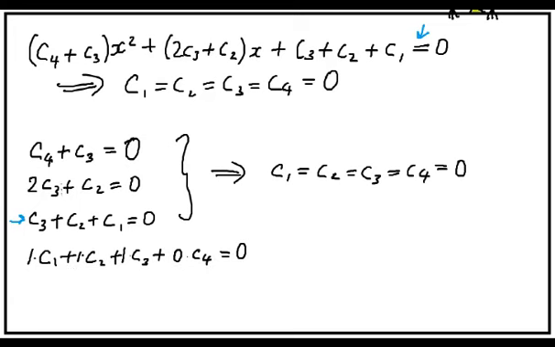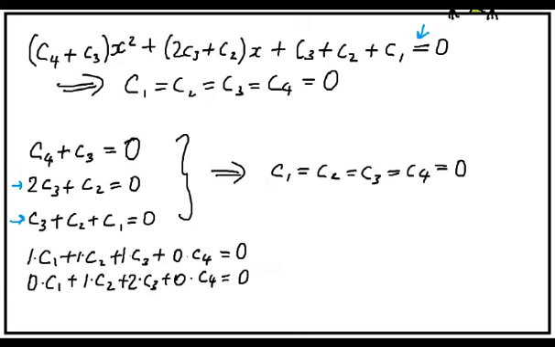The next one, I will now put as the second equation, keeping in mind my row echelon form. So here we have 0 times c1 plus 1 times c2 plus 2 times c3 plus 0 times c4, and that's equal to 0.